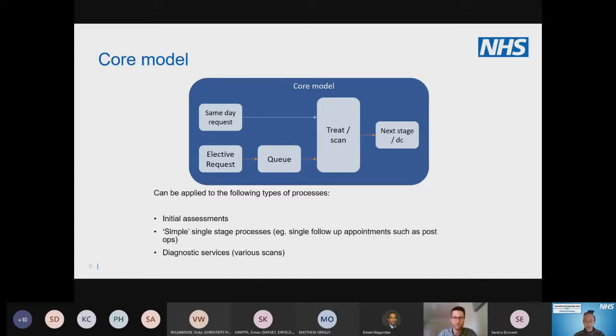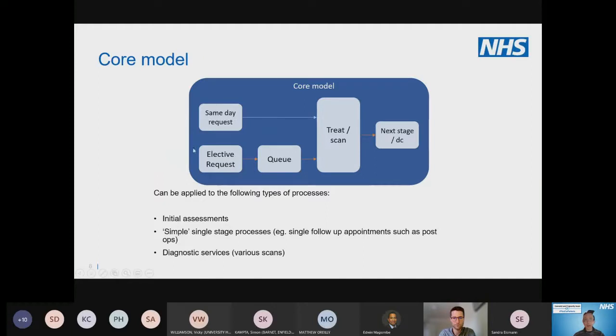So this segues really nicely into this slide, which looks at the fact that we talk about relatively simple processes. For example, you have a request for, say, an elective service. Let's take endoscopy. Your patient queues up as part of your waiting list, and then they get their intervention. There'll be an appointment, be it therapeutic or diagnostic, and then they go on to the next stage of the patient pathway.